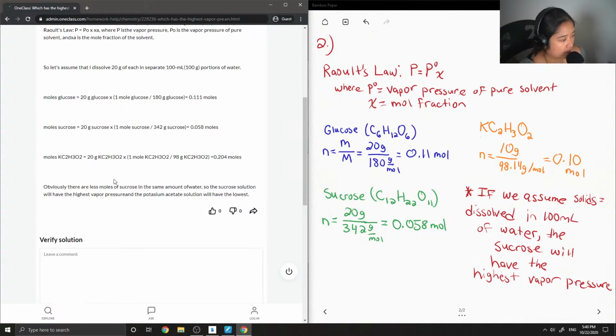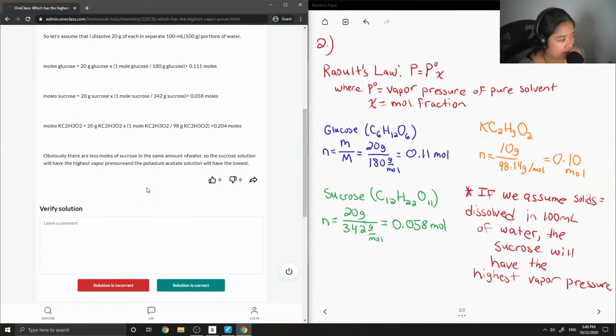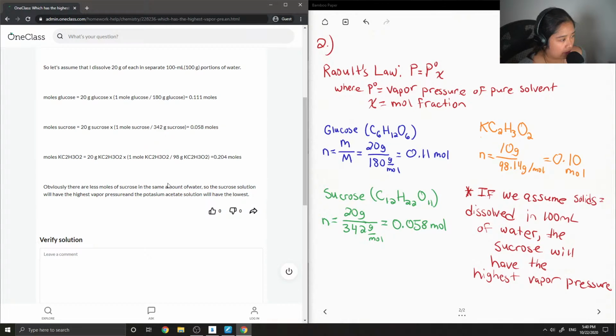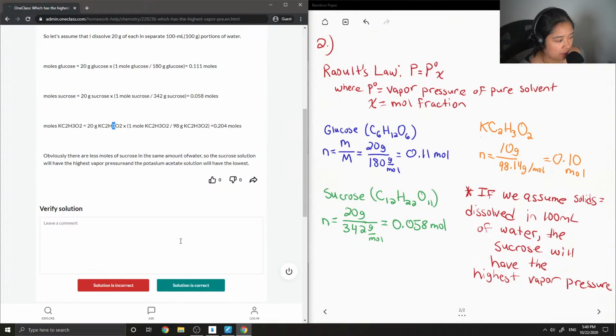Let's look at the answer. Obviously, there are less moles of sucrose in the same amount of water, so the sucrose solution has the highest vapor pressure, and the potassium acetate will have the lowest. So here they just said 20 grams instead of the 10 grams. That's why they got half the amount of moles. But still, the potassium acetate solution will have the least.